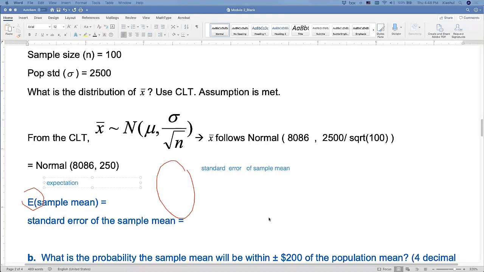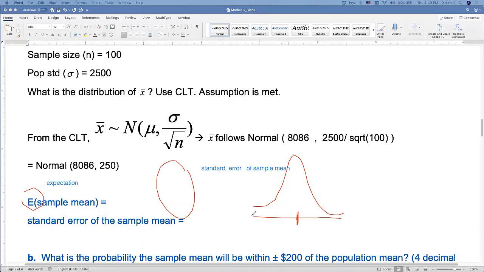If you have a bell curve, we should expect on average it to appear at the center of this bell curve. So where do you think the expectation of the sample mean is going to be?